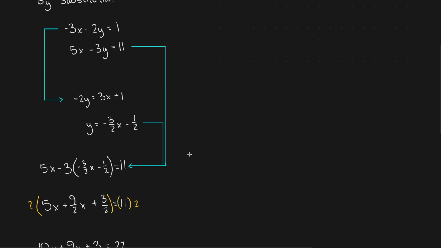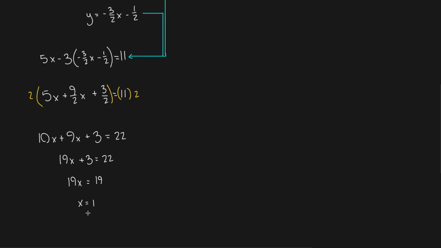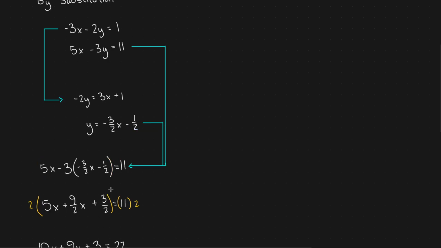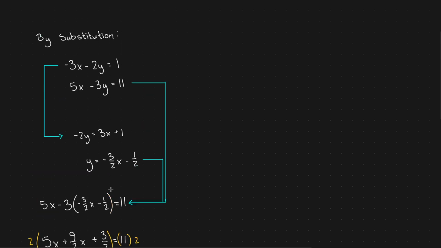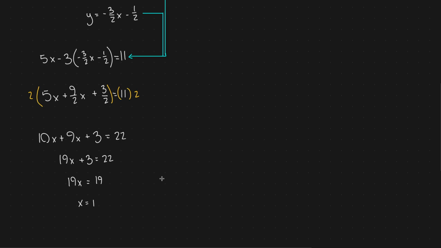So I could substitute again, into any equation that has an x and a y in it. I could plug into this equation and solve for y, or I could plug into this equation and solve for y. But this one already has y by itself, so that might be the easiest one to use. That's the one I'm going to plug into.